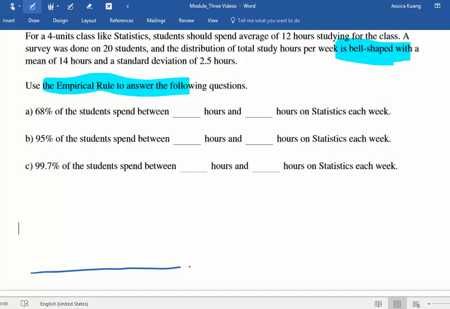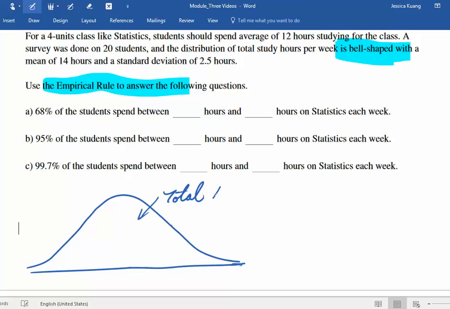If we have a probability distribution, then everything under my distribution, this entire area under the distribution, should be 1 or 100%.